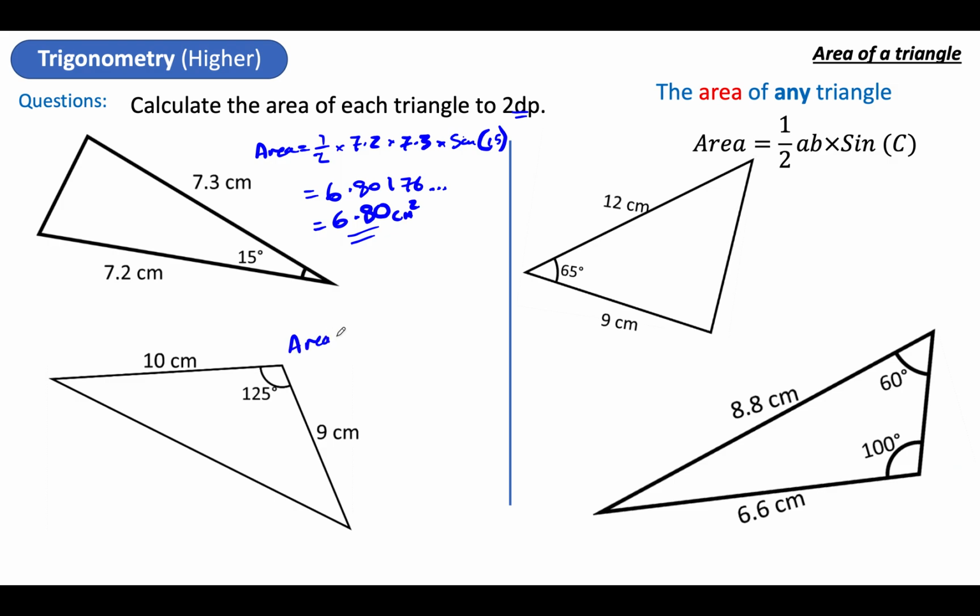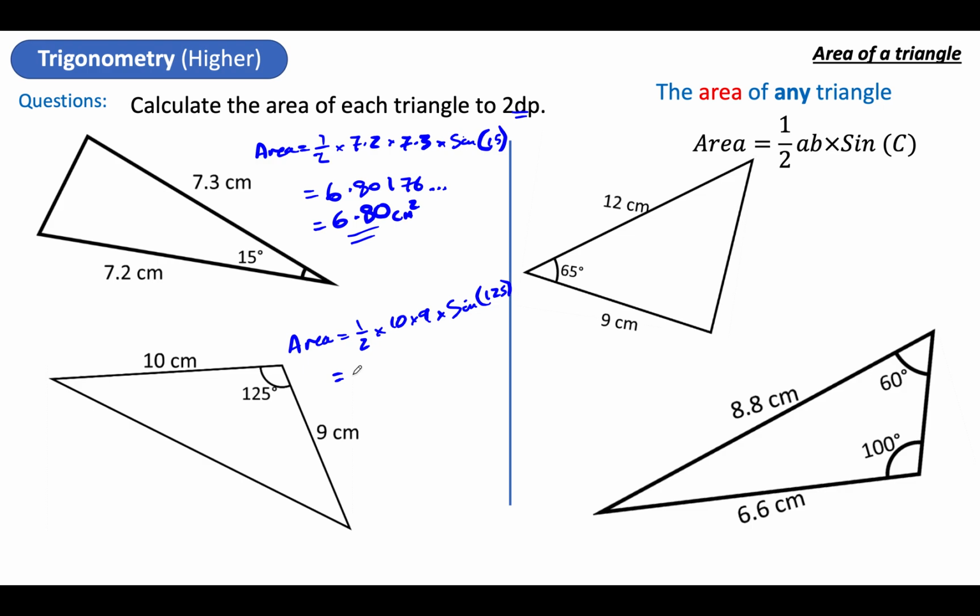Right, this one down here. Area equals half AB sine C. So times by 10 times by 9. Again, you might have put them in the other order, but it doesn't matter. And then sine of the angle between them, 125. Jaunty little angle, that one, isn't it? 0.5 times by 10. See, when I repeat this, what I'm actually doing is typing it in my calculator.